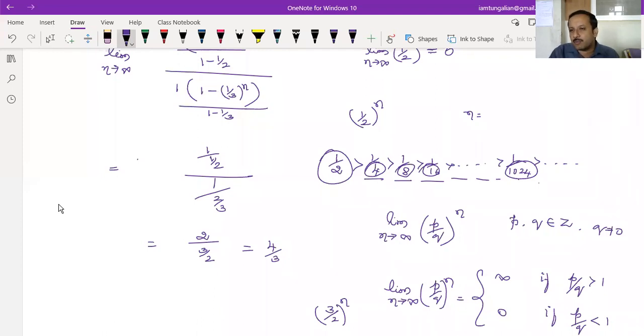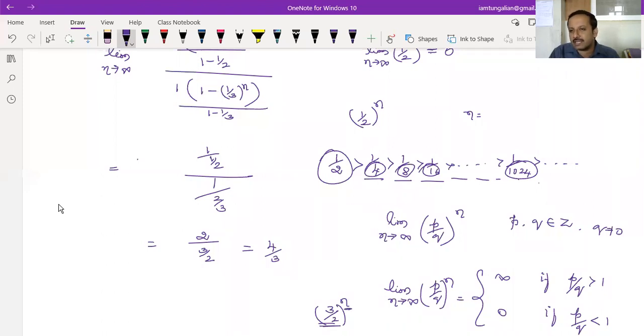Then if you put n equal to 3, we are talking about 27 by 8, which is greater than 3. 24 by 8 is 3, so 27 by 8 means 3 point something. Now as the power n tends to infinity, the value of this expression will become infinity. With the increase in the value of the power, the value of that fraction goes on increasing.